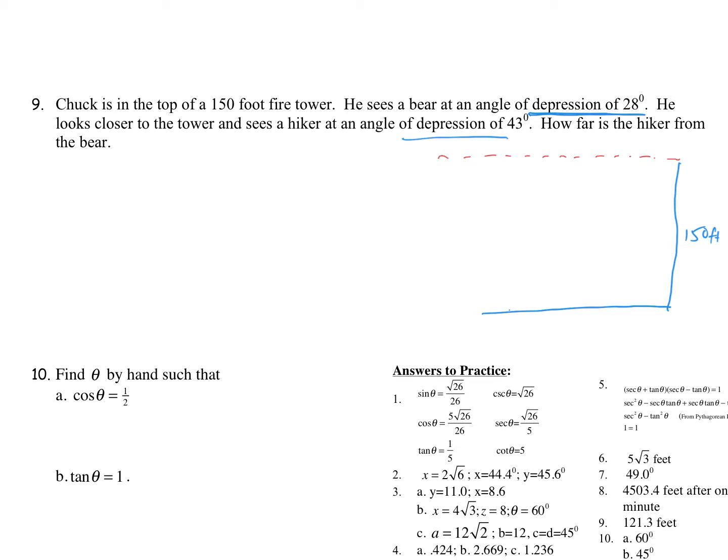So Chuck looks down. He sees a bear at an angle of depression of 28 degrees. So I'm going to draw a line going down at an angle of depression of, we'll call this 28 degrees. And this is the bear. And then he looks closer to the tower and at an angle of depression of 43 degrees.